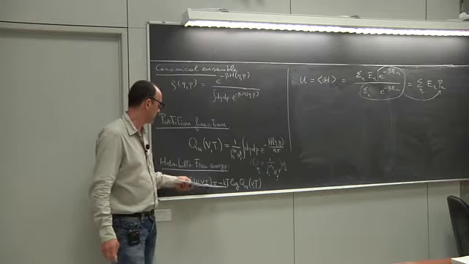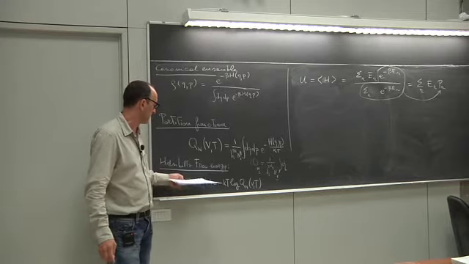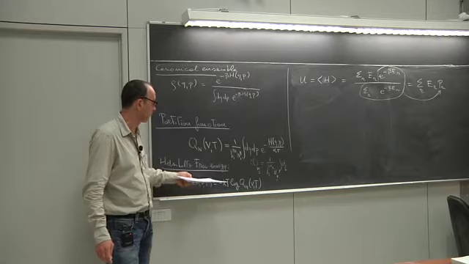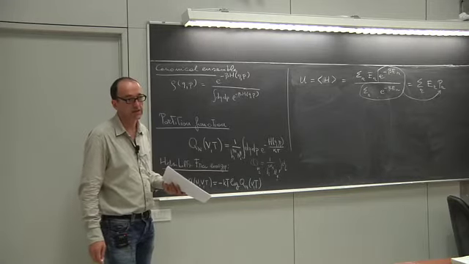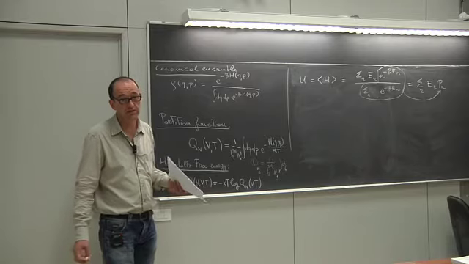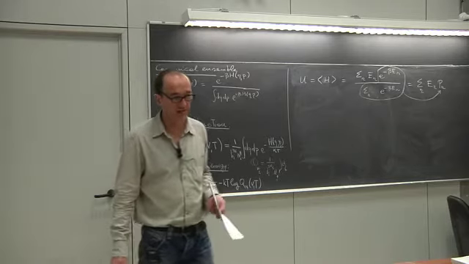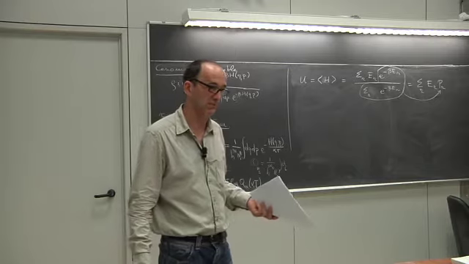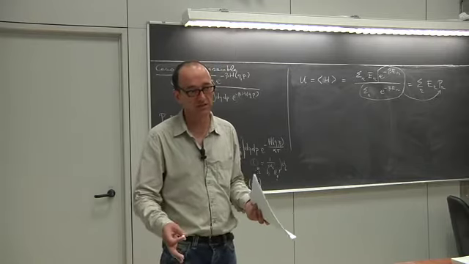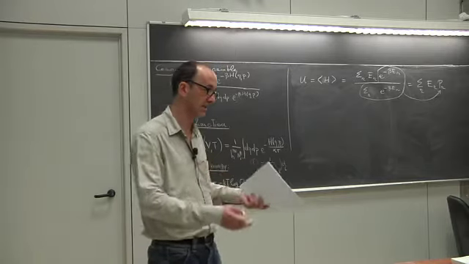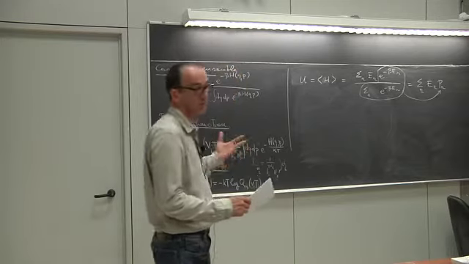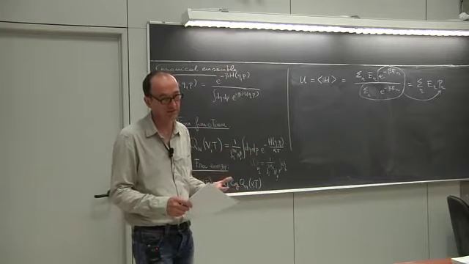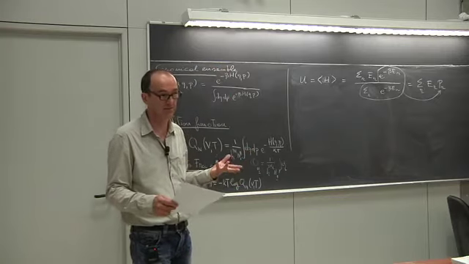However, one important thing is that the relations between physical quantities which we get from this procedure should be the same as those we derived from the microcanonical ensemble, where we were fixing the energy, computing the entropy, and then computing thermodynamics from the entropy. We must have the same description.